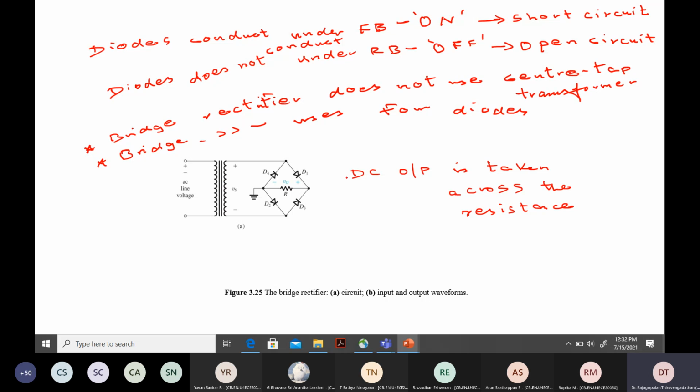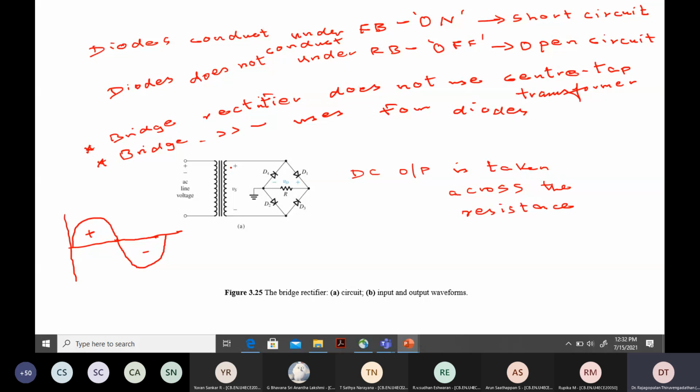First, let us look into the circuit, the way the circuit operates. So my AC input is like this. In one half of the cycle, this is positive.